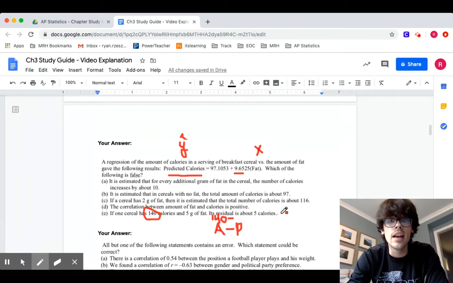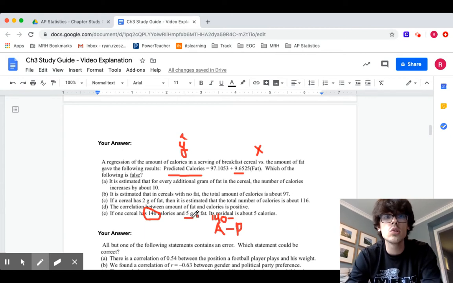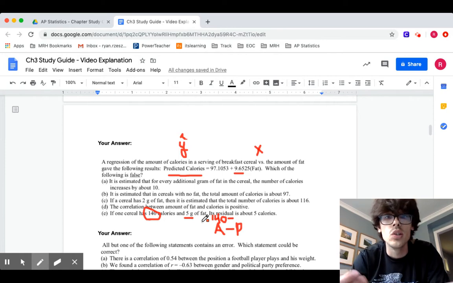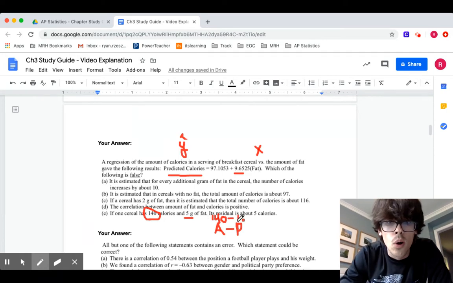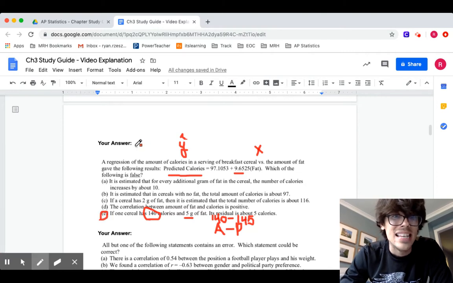The way you would get that is by plugging in the x value that they give you. So you would plug in a 5 for fat in your equation, and then once you type it in, you would just see what you get. I believe you get a 145 if you plug it in. So the residual on this point is actually -5, not +5. They ask which statement is false. That's going to be E.